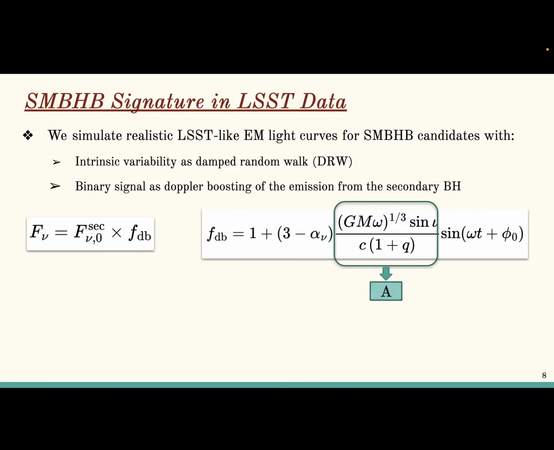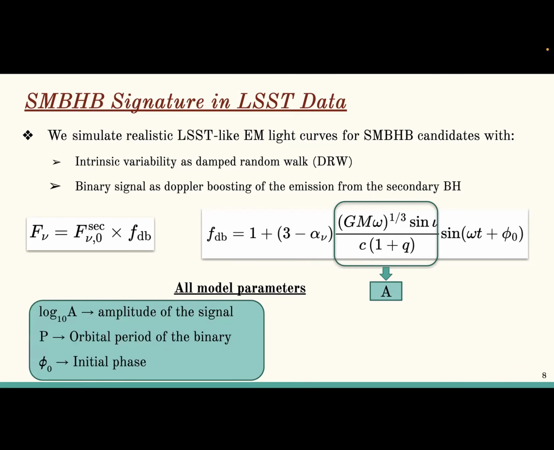So we combine them and call them the amplitude of the Doppler boosting factor. So all the model parameters become the amplitude of the Doppler boosting signal, the orbital period of the binary, the initial phase, and for the damped random walk, the amplitude and the time scale.